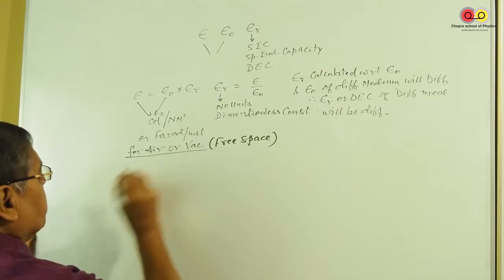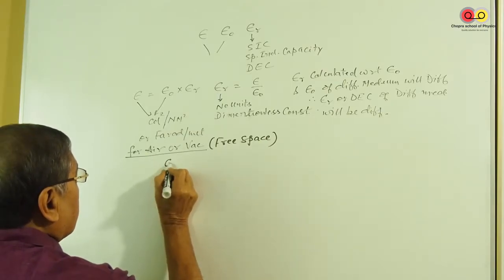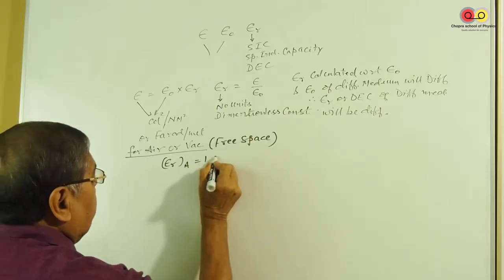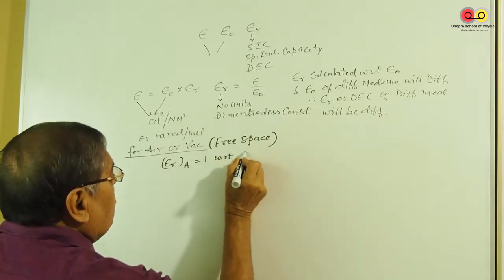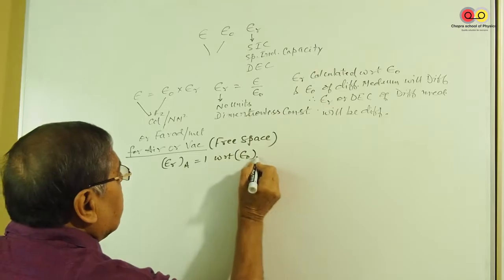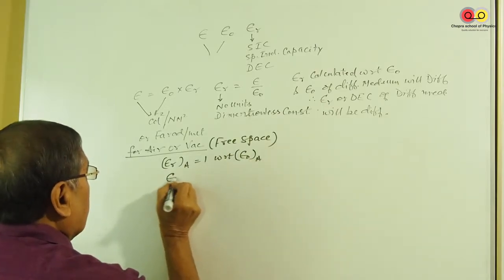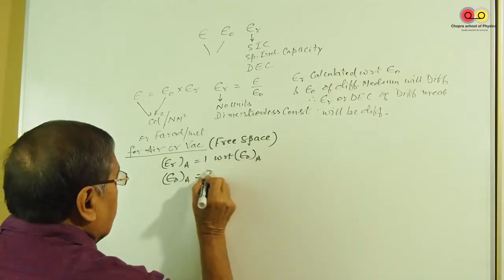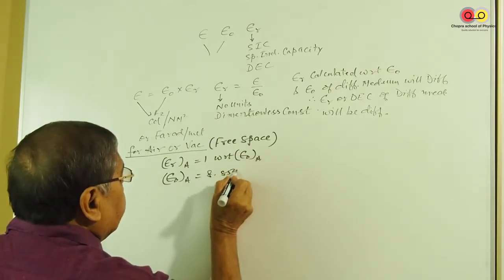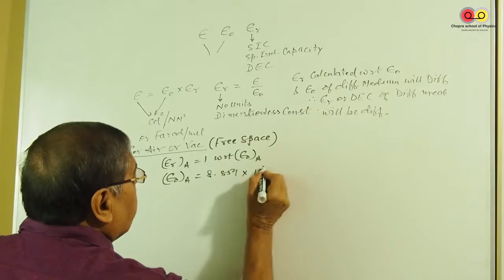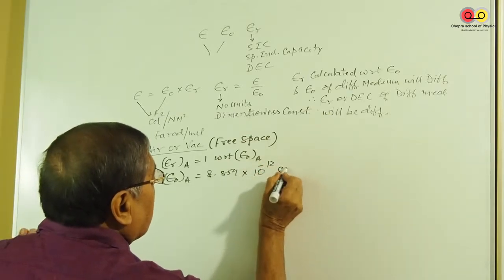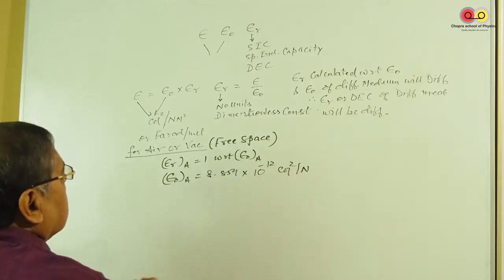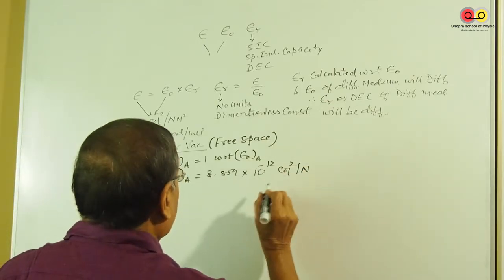The relative permittivity of air is 1 with respect to the absolute permittivity of air, and the absolute permittivity of air is 8.854 times 10 to the power minus 12 Coulomb square per Newton meter square.